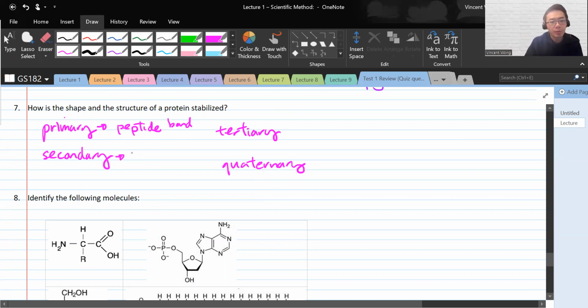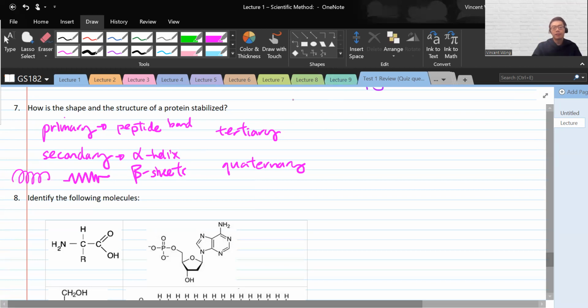For secondary, you might remember there is the alpha helix and beta sheets. That's the coil, and then the zigzag that holds the backbone together. And then for tertiary, we have different forces. These are interactions of side chains.